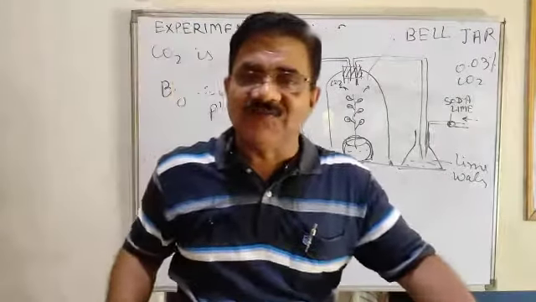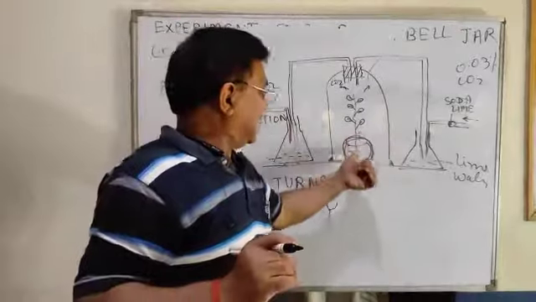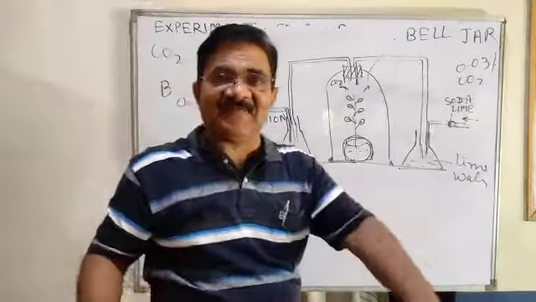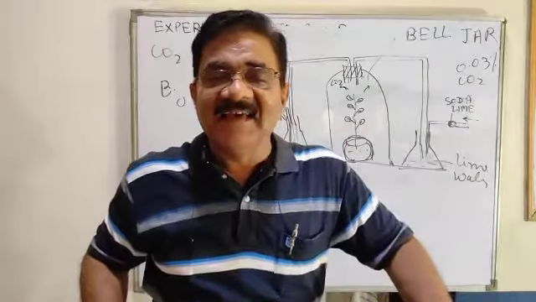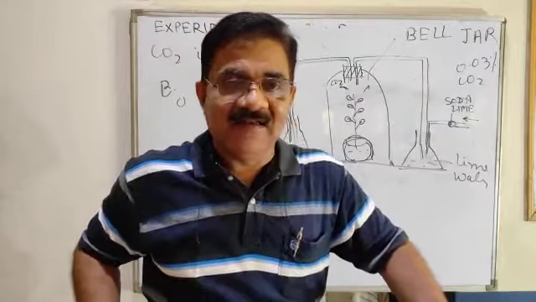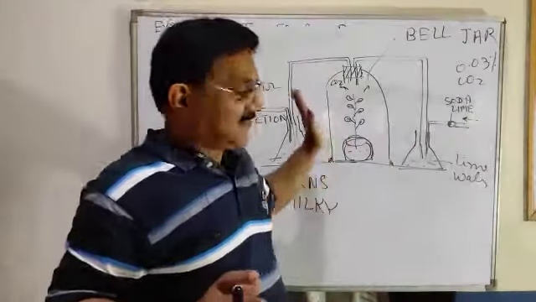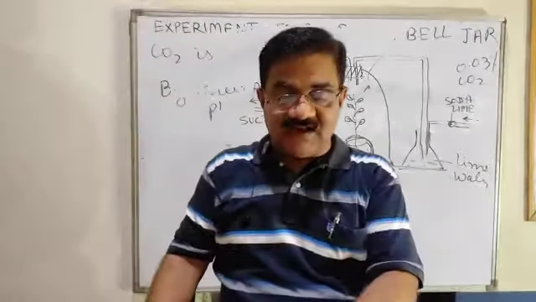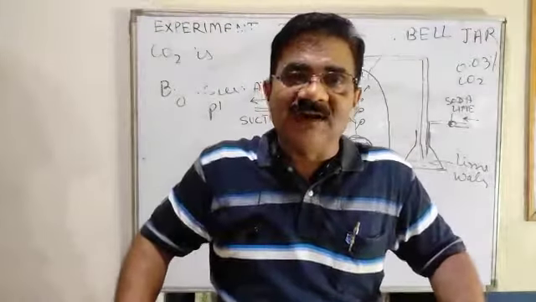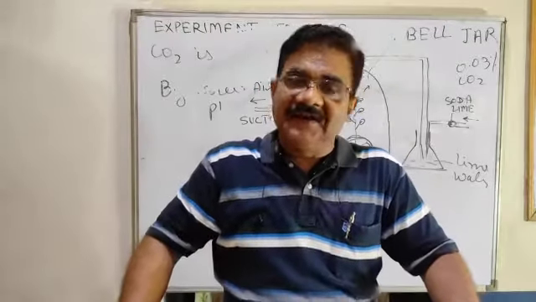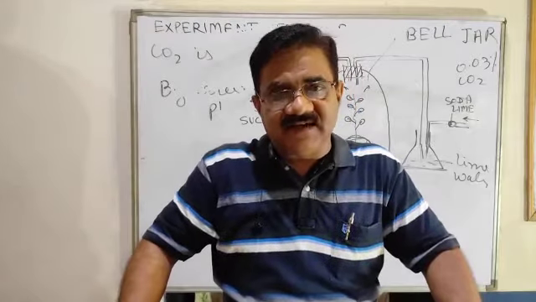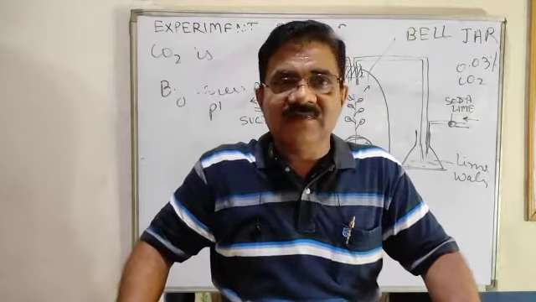What does it prove? It proves that a green plant during respiration releases carbon dioxide. Dear children, I think this experiment is also clear. So, today up to this much, and the next experiment we will discuss in the next video. Thank you very much.